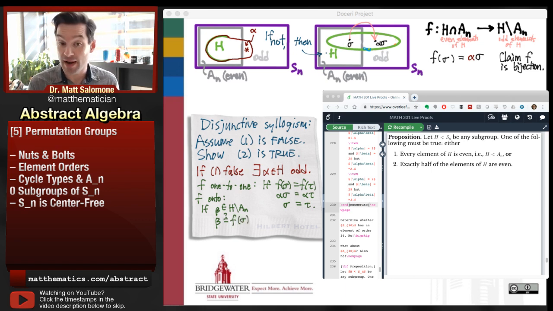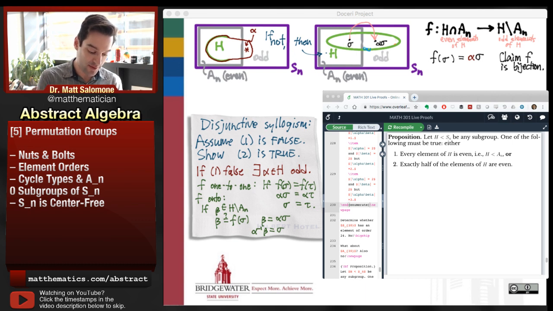How can I solve that equation? Well, f of sigma is just alpha times sigma. And I can solve this equation by multiplying both sides by alpha inverse. Now you can see why I used alpha inverse a minute ago. Alpha inverse times beta is equal to sigma.